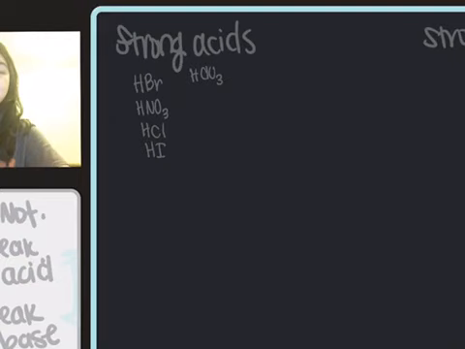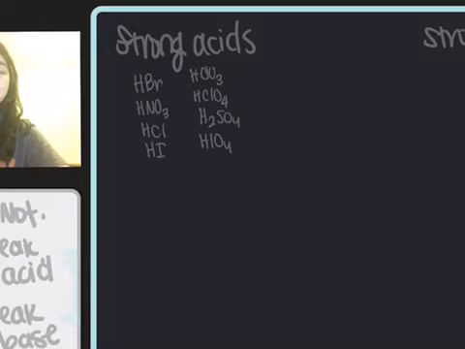HClO3, which is chloric acid, HClO4, which is perchloric acid, H2SO4, the only polyprotic acid that is a strong acid, sulfuric acid, and then HIO4, which is periodic acid. You won't really see the last one as often, but it's good to have it in mind.